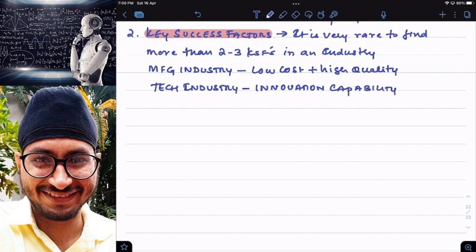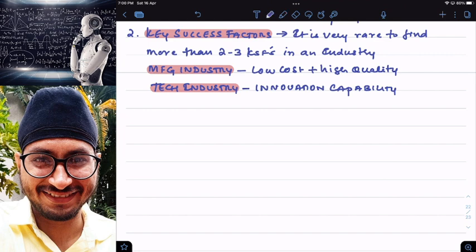Innovation capability can be considered as an example of key success factor of which industry? Technology industry. So in manufacturing industry the success factor is low cost and high quality. In tech industry what is the key success factor? Innovation capability. I repeat, in every industry the key success factors will be same or different? They will be different. Every industry's key success factors will be different.